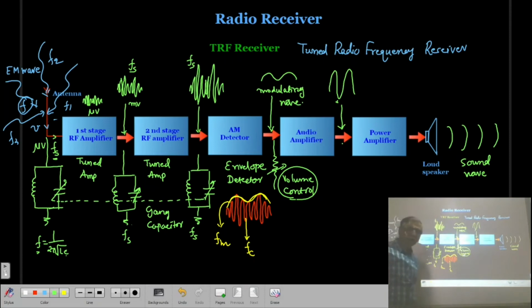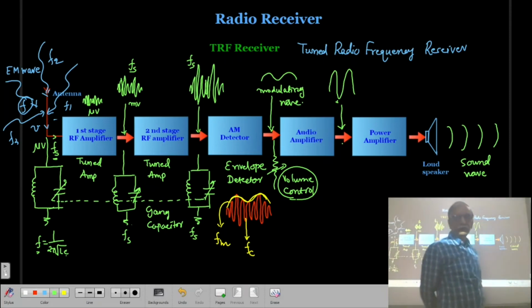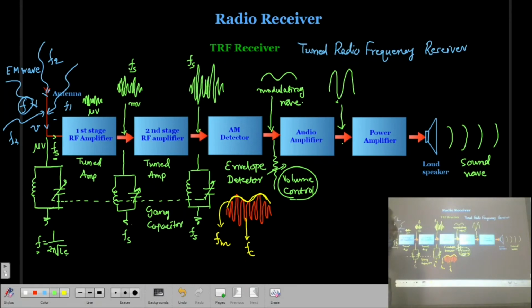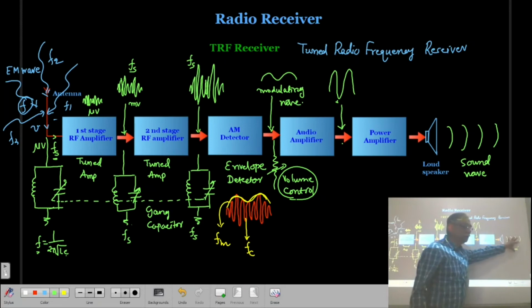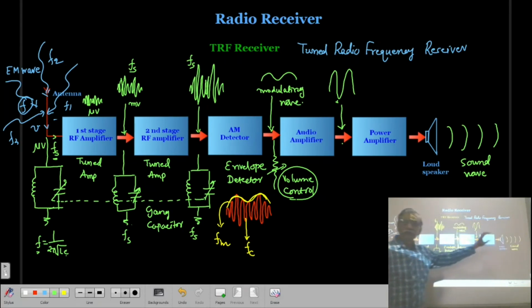So in this way, the TRF receiver receives the electromagnetic wave, that is my amplitude modulated wave, and then after the proper amplification and the demodulation process, it converts into a sound wave and you can listen to the information.